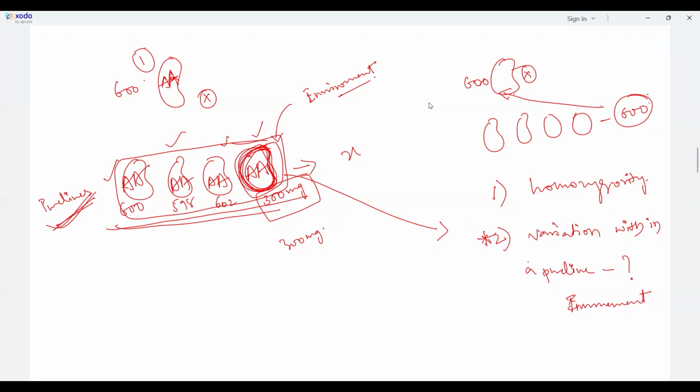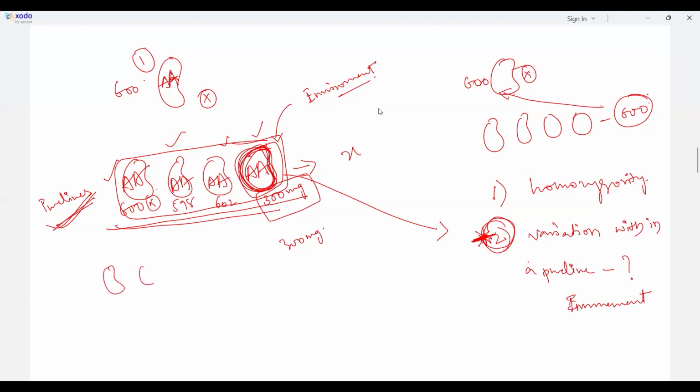The variation within a pure line is due to environmental conditions or environmental factors. Yes, this is a very important statement. This is the main feature of the pure line theory.